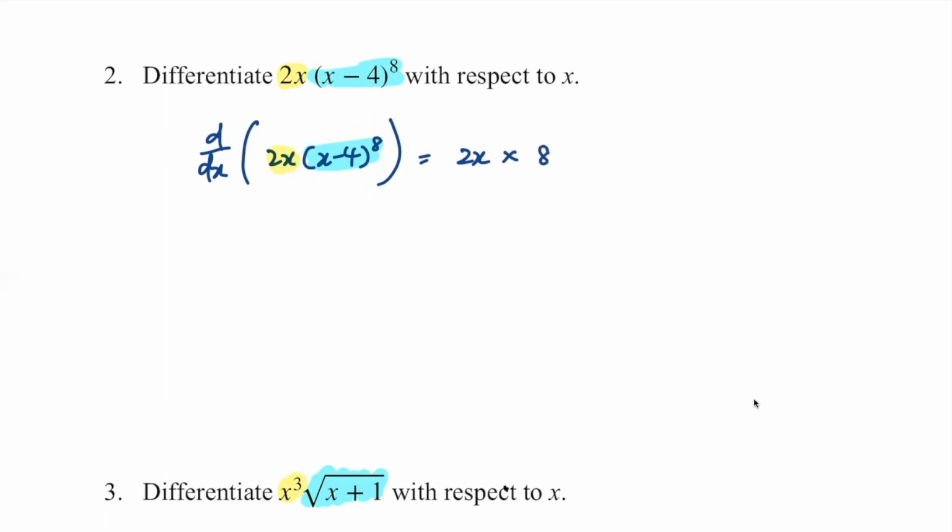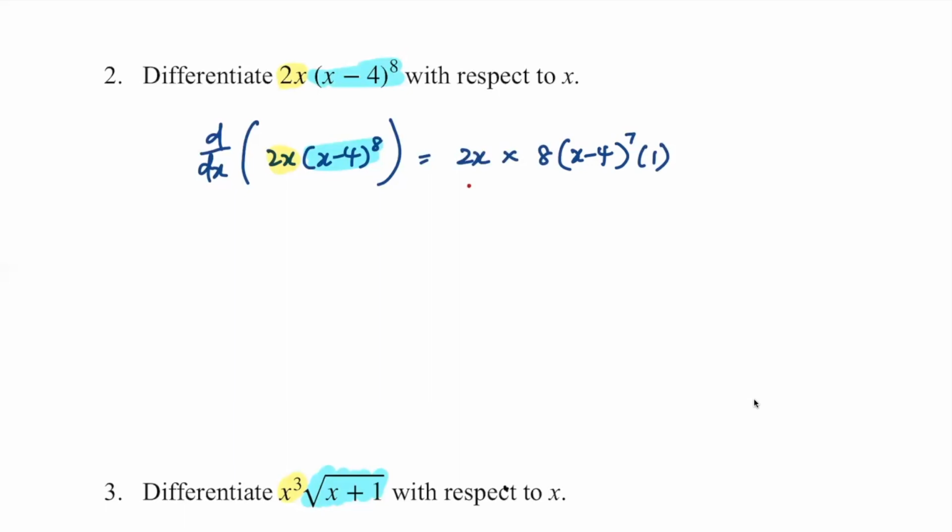So power bring down, power -1, differentiate the outside first, inside no change, and then multiply by 1. Even though multiplying by 1 doesn't change anything, I will always encourage you to write things like that because if you don't write, you'll forget to differentiate inside. One of the most common errors that a lot of you will make is forgetting to multiply by differentiate inside.